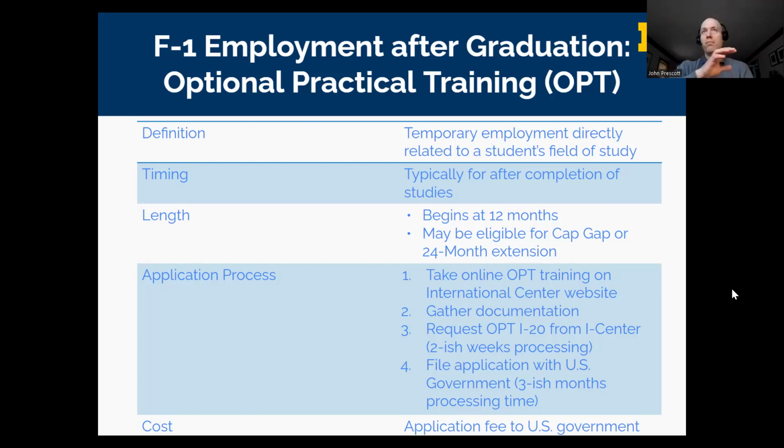OPT is much different in that you are filing paperwork, application forms, a $410 fee, and submitting all of that to the US government, and then waiting 2 to 3 months, and if approved, receiving something in the mail called an EAD card. The EAD card represents OPT approval, and the validity is based on the dates printed on the EAD card.